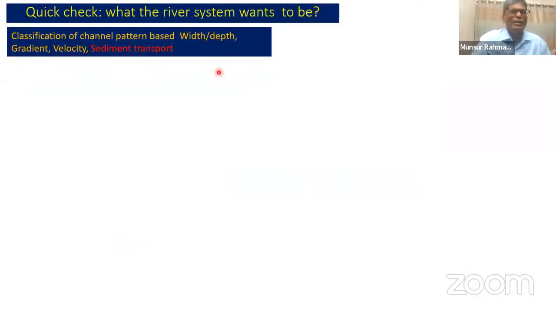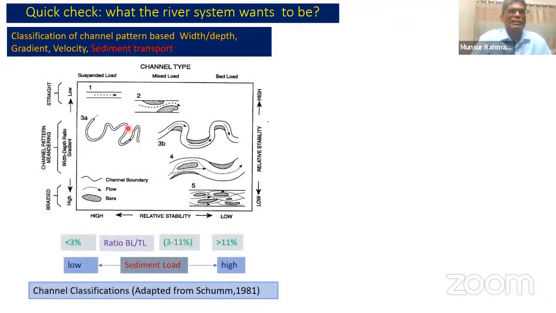So if we take a quick look at what the river system wants to be, we know from the earlier work that the river geometry, the gradient, the velocity, and the sediment transport play an important role. Without considering these parameters, it's very difficult to make a good river management plan.